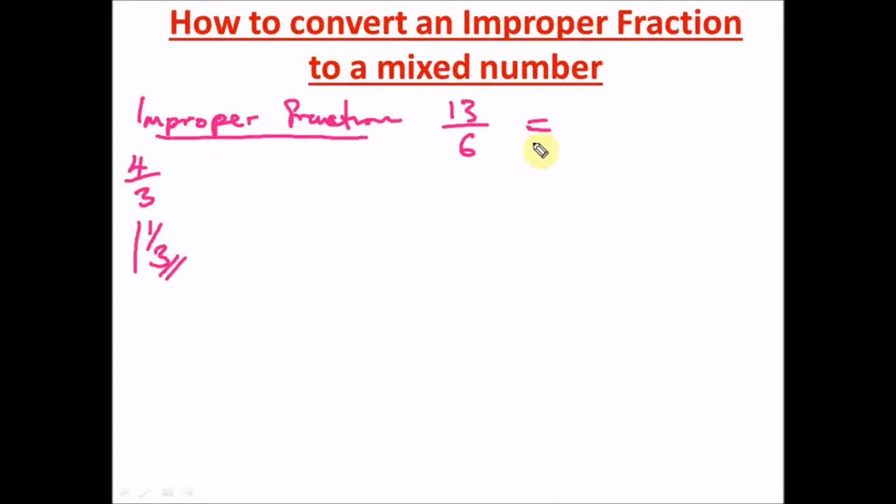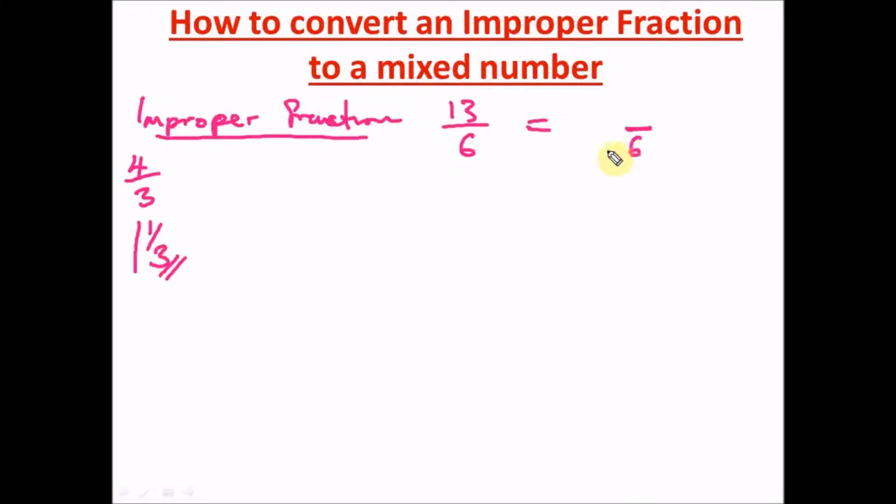The first thing you have to do is place the denominator down here with a dash separating the numerator from the denominator, and place 6 here. You're always going to have the denominator the same.